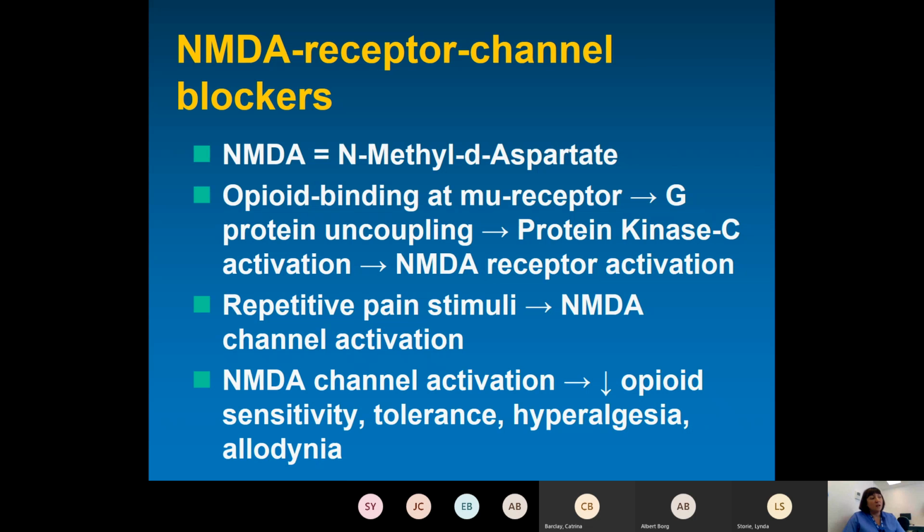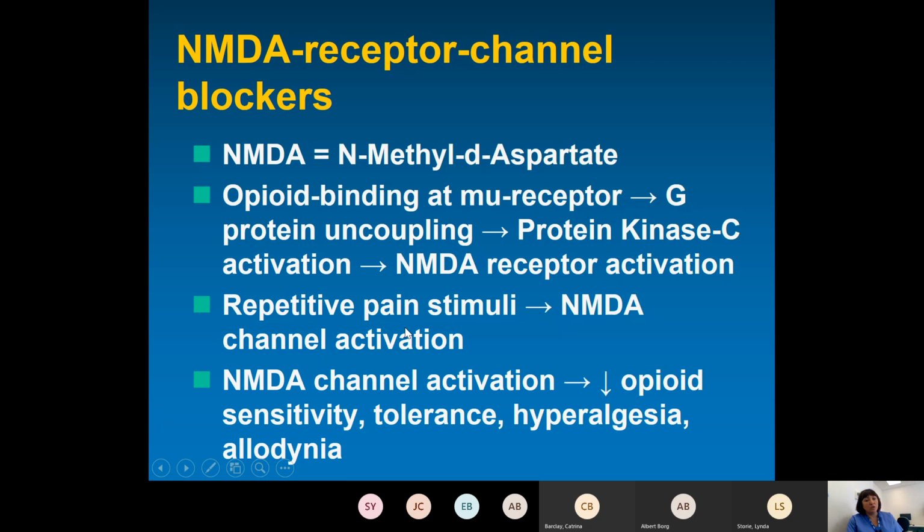Now, ketamine is an excellent drug, and it's used as an NMDA receptor channel blocker. So the N-methyl D-aspartate channels, which have two functions. One is they're involved with the opioid binding at the mu opioid receptor, and also with this neuropathic element at the calcium channels.